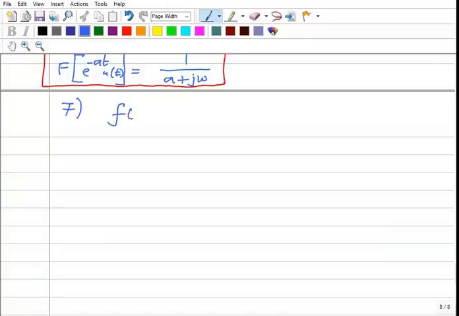So f of t is e power plus at into u of minus t. If you notice the signal, it is valid from minus infinity to 0. So F of omega, what is the integral limit?